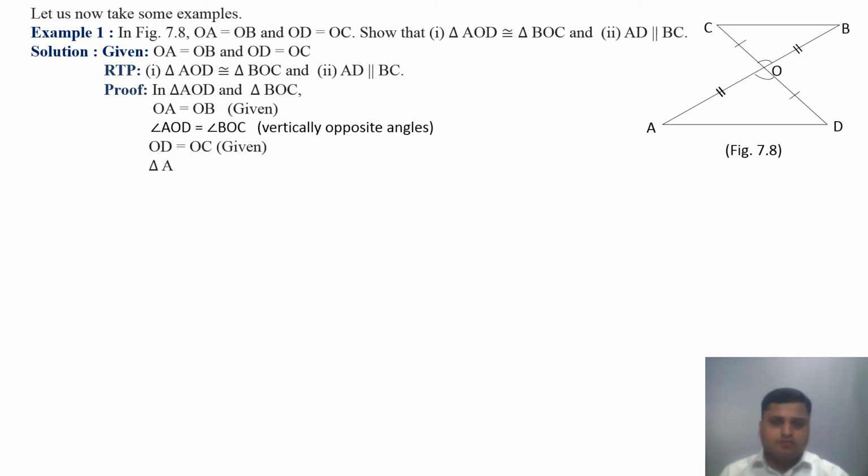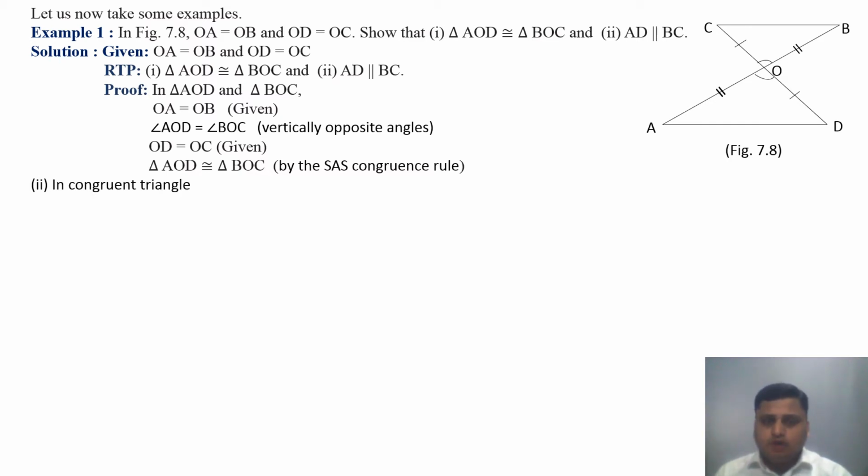Now let's start the proof. We will take those two triangles which we need to prove congruent, so triangle AOD and triangle BOC. We always need three things, like the SAS congruency rule we studied, and we have taken examples related to that. So we need a side.